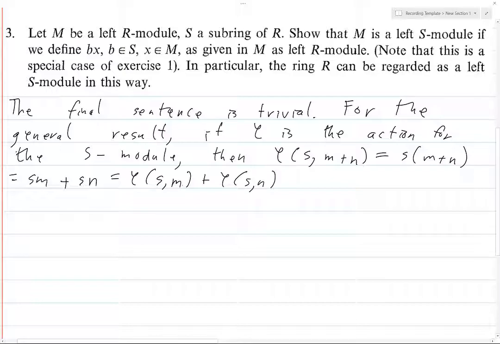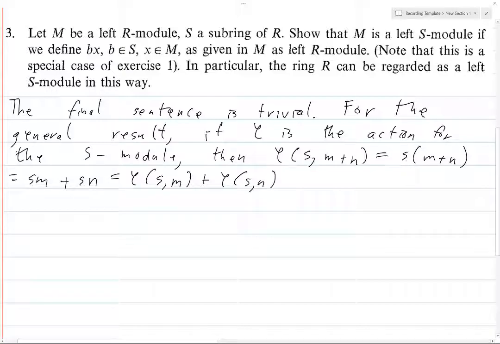And of course, all of this is valid because that's how you distribute things, distributing S through M. It just works out really well.